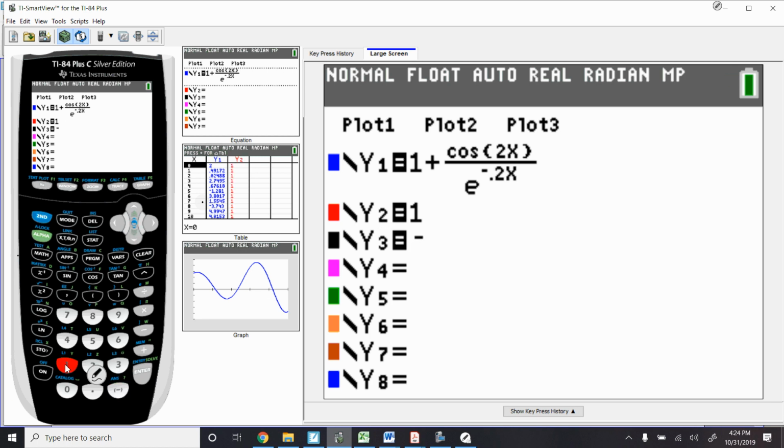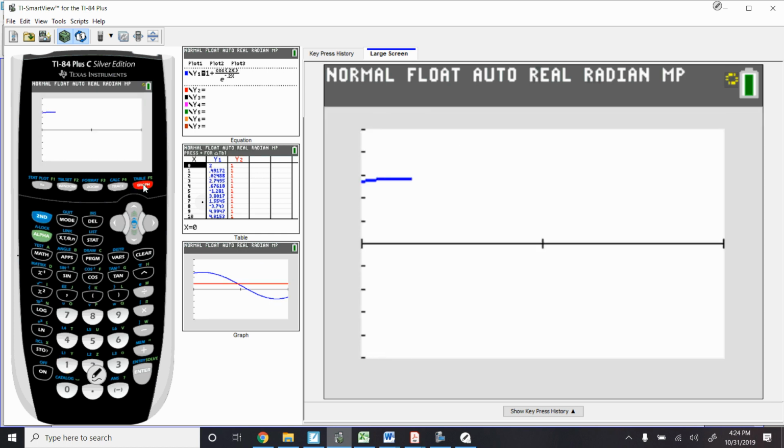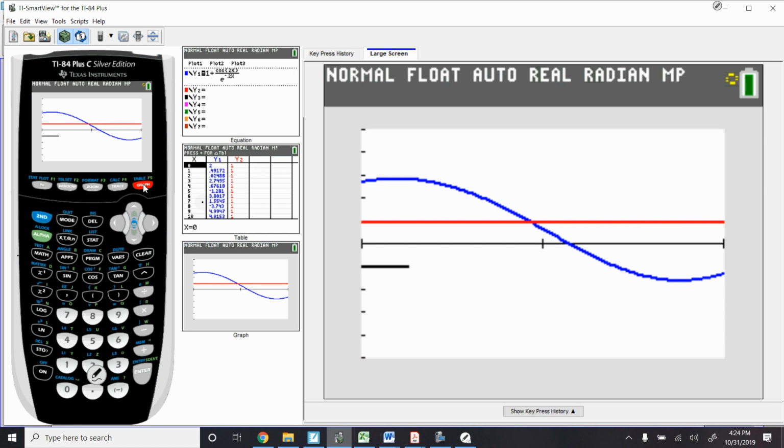And I'm looking for intersections between my velocity and these 2 horizontal lines. Okay, it's graphing pretty slow. Okay, there's one place with a speed of 1, and there goes the second place, and no third place.